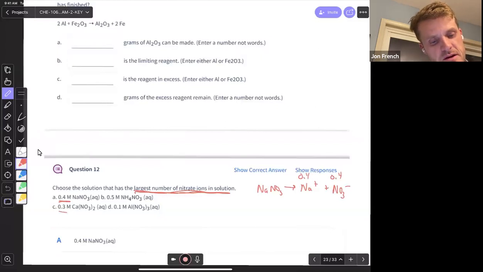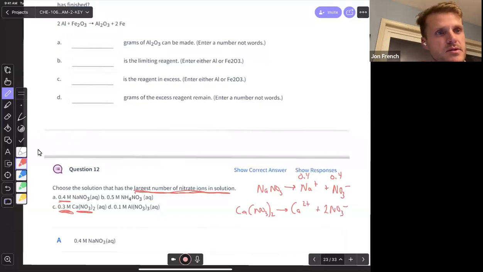Whereas if I take a look here at the calcium nitrate, when it ionizes, I'm going to get 1 calcium and 2 nitrates. I'm going to have twice the concentration of nitrate because that subscript 2 tells me I'm going to have 2 nitrates for every calcium nitrate.